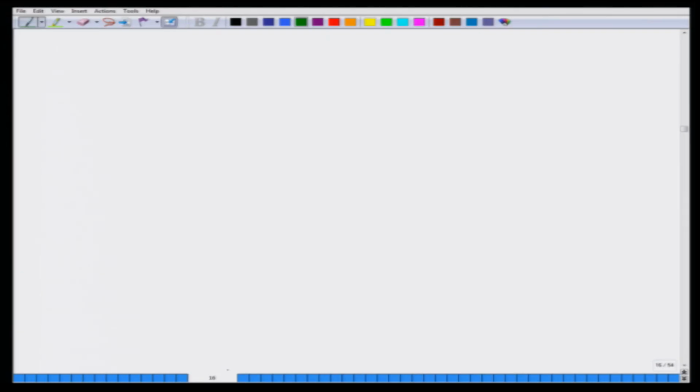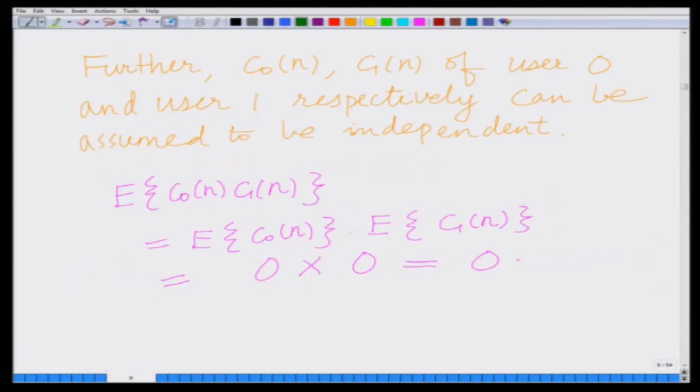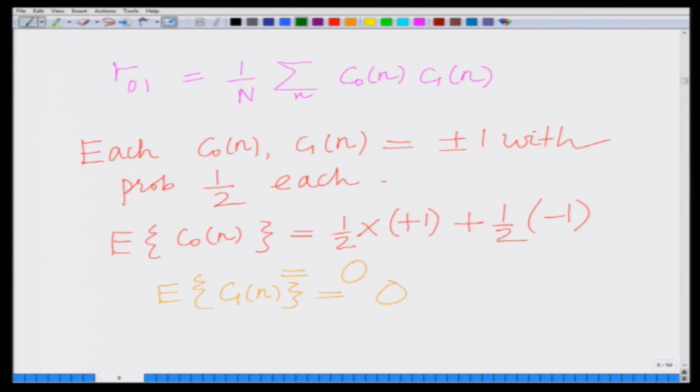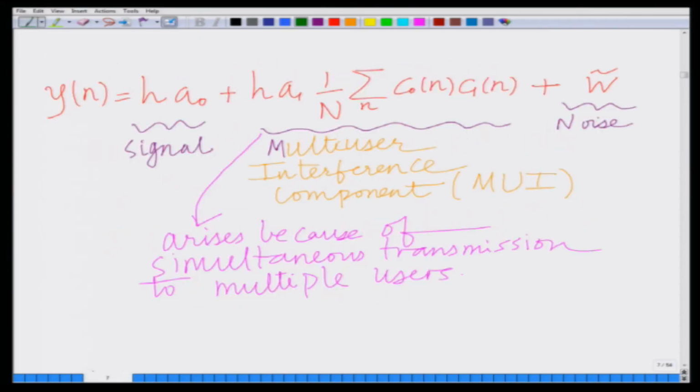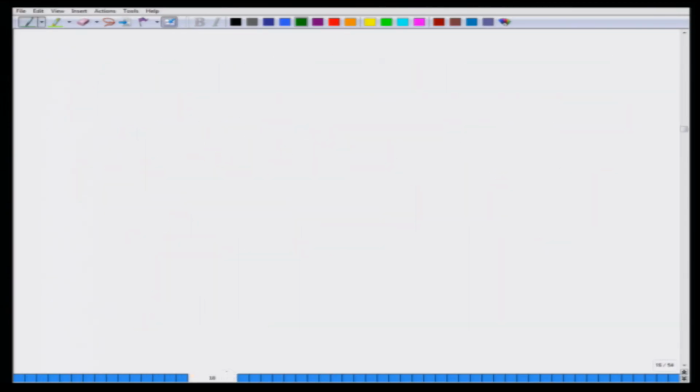Now, going back to the signal model, if we look at this signal model in a CDMA system, we have the signal, interference and noise components. Therefore, the interference and the noise are the undesirable components.